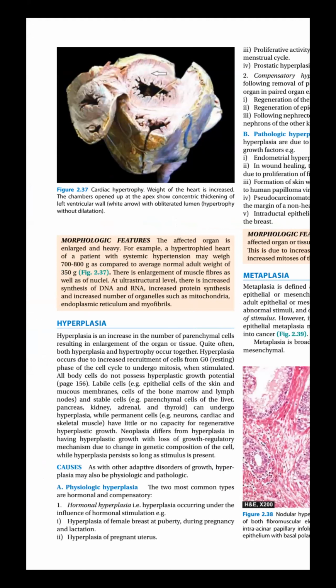Now hyperplasia is nothing but an increase in number. In hypertrophy there was an increase in size, but in hyperplasia the number of cells is increased. So the region, organ or tissue gets really big, mainly seen in cancerous tissue.